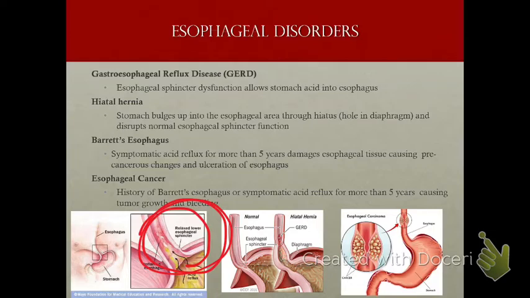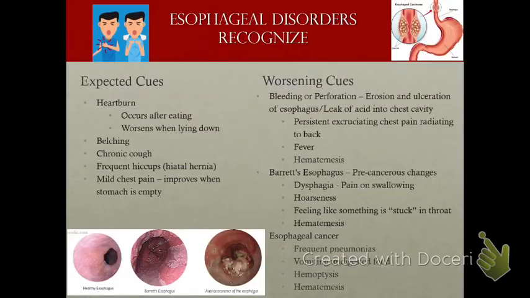Barrett's esophagus and esophageal cancer happen if you let these things go too long. Barrett's esophagus is precancerous, and esophageal cancer is cancerous. So most patients will develop Barrett's esophagus before developing esophageal cancer. But the symptoms aren't very different from GERD either. The only way to see it is to actually scope it and look at the changes in the wall.